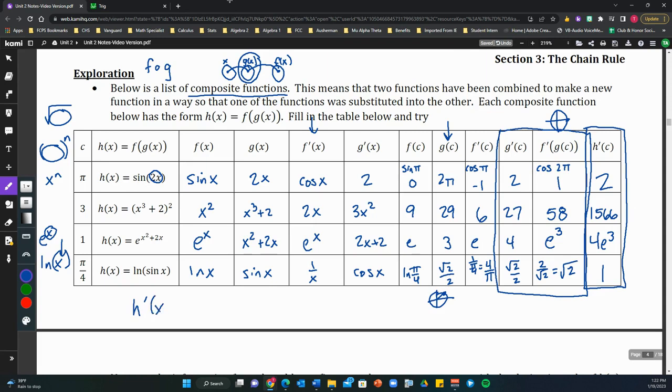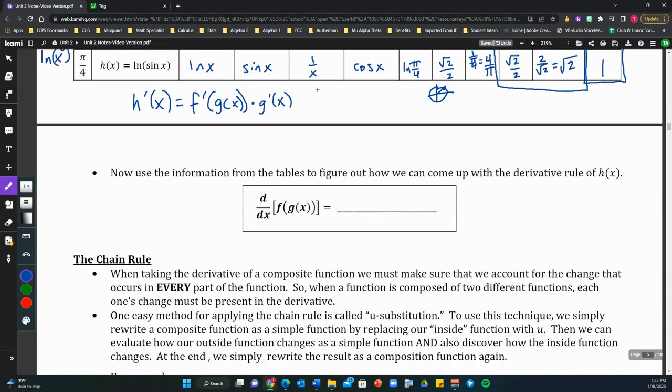To find the derivative of h of x, we simply have to take f prime, still composed with that same inside function, so f prime composed with g of x, but then we also have to account for how that inside function is changing, which is why we didn't just take this value, we had to multiply it by the value of the inside function's derivative. So we will multiply by g prime of x. That is the definition of the chain rule.